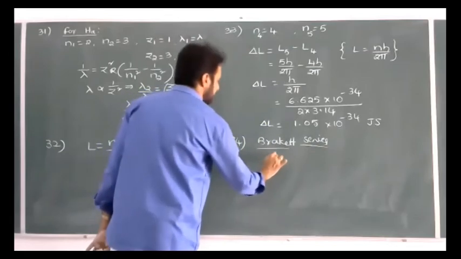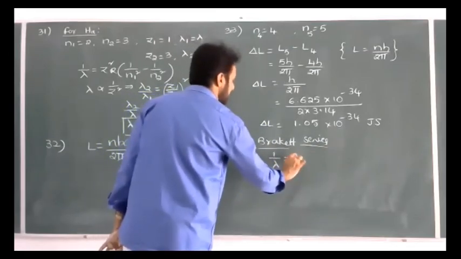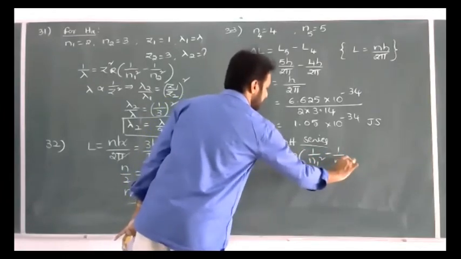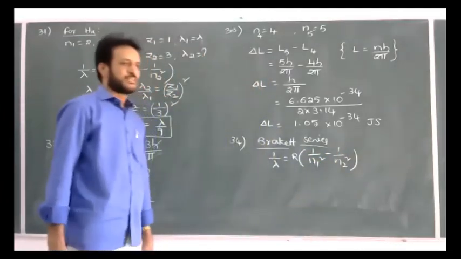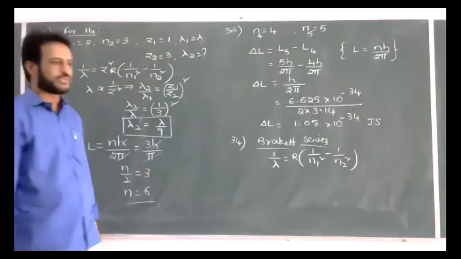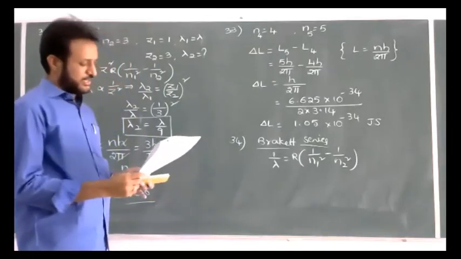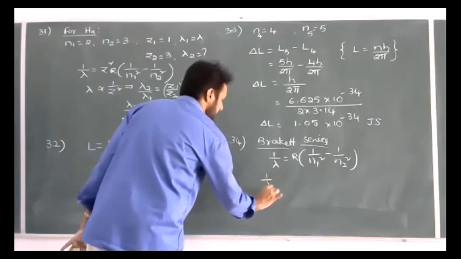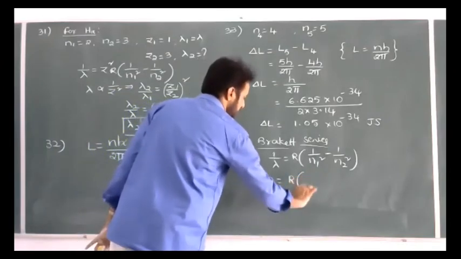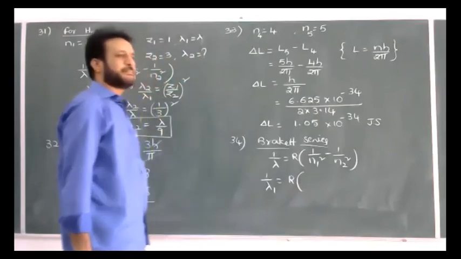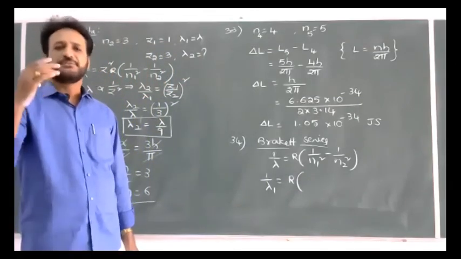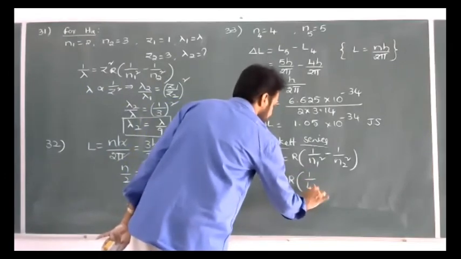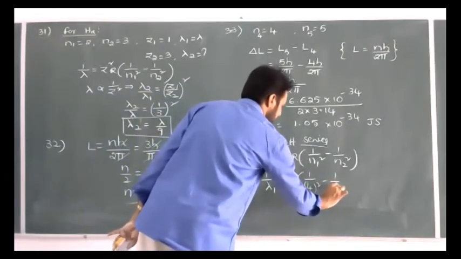The general formula we know is 1 by lambda is equal to R into 1 by N1 square minus 1 by N2 square. In the first case, for the longest wavelength of the Brackett series, I'll take 1 by lambda 1, which is equal to R into 1 by 4 square minus 1 by 5 square, since the electron must jump from the 5th orbit to the 4th orbit.